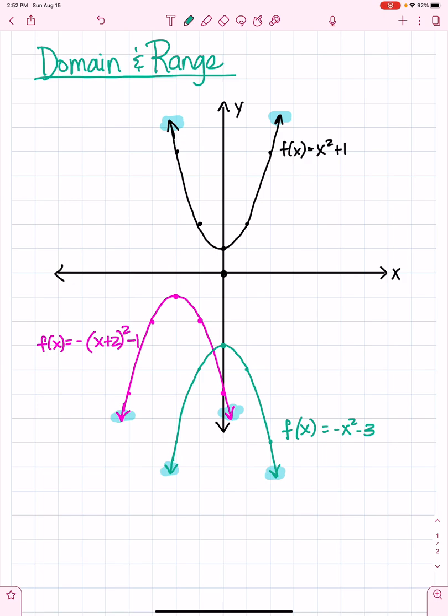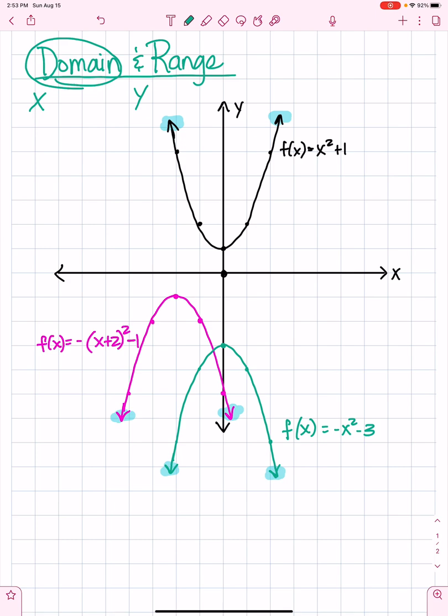So the first thing I want to do is remind you that when I'm talking about the domain, I'm talking about all of the x values that are included in a particular graph. When I talk about the range, I am talking about all of the values of y that are included in the graph.